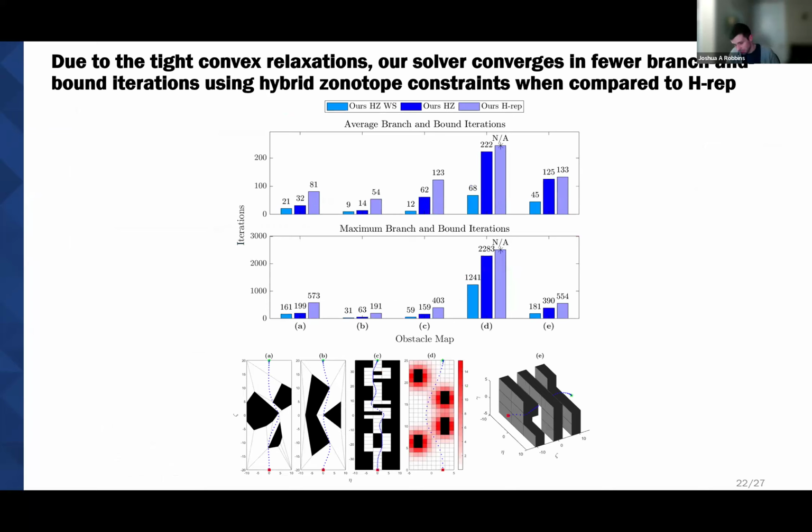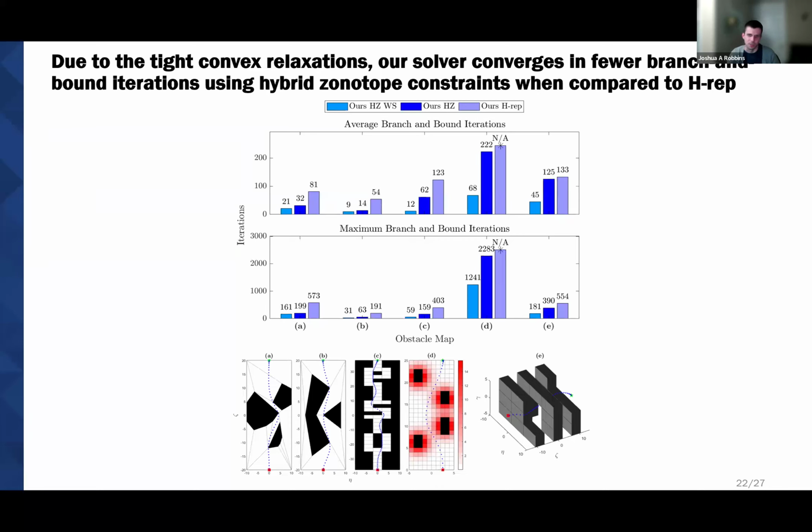So how are we solving these optimization problems as quickly as we are? First, due to the tight convex relaxations, our solver is converging in fewer branch and bound iterations using hybrid zonotope constraints when compared to HREP. So this bar graph here is proving what I've said before, which is that tight relaxations allow you to converge in fewer iterations.